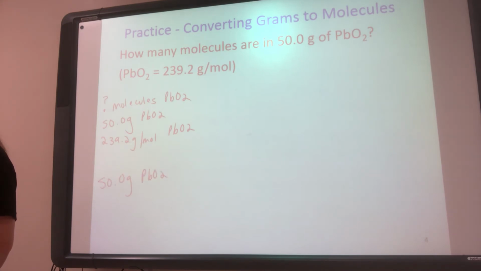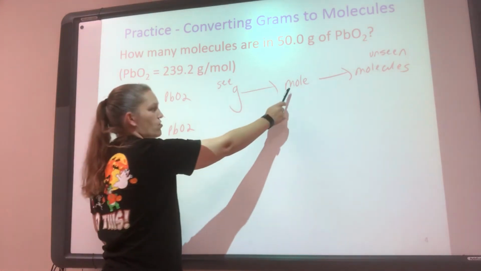So we say, okay, I'm going to start with grams. I'm trying to get to molecules. So I start with something I can see and go to something that is unseen. How do I go from something I can see to something I can't see? I have to go through the mole. How do I go from the grams to the moles?